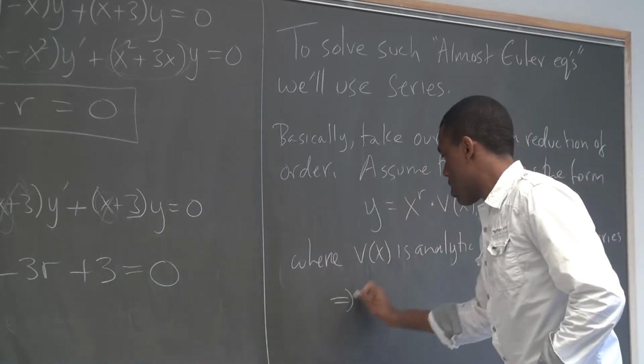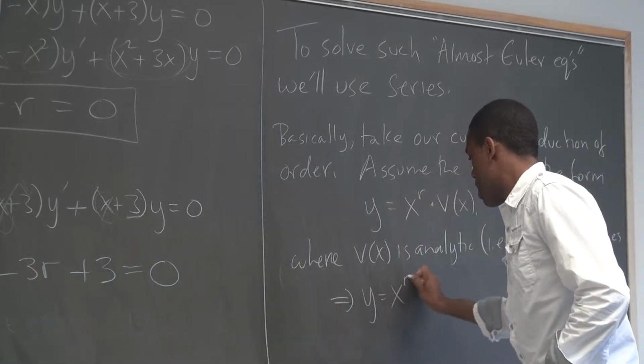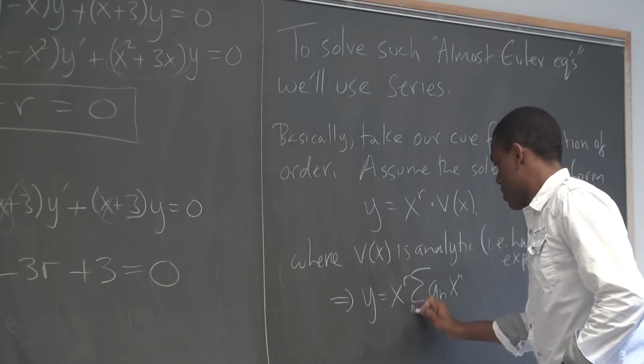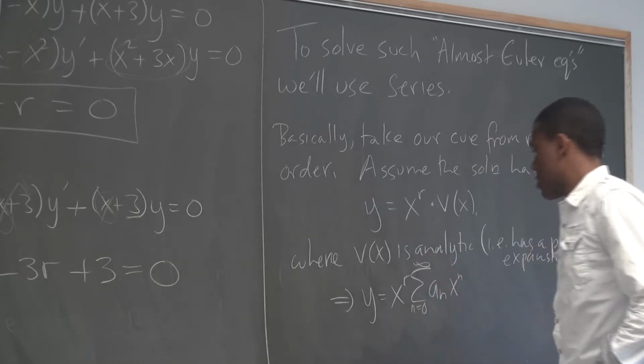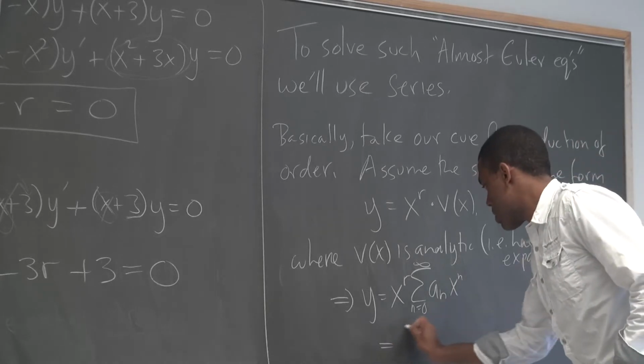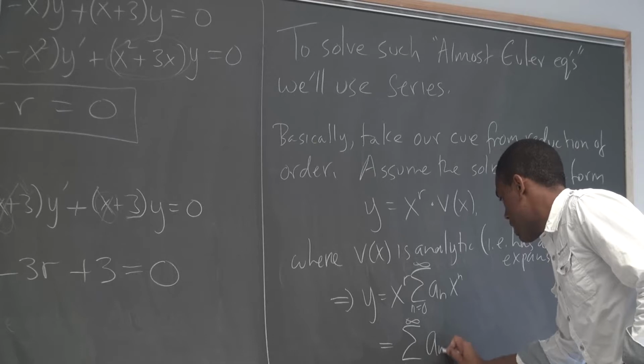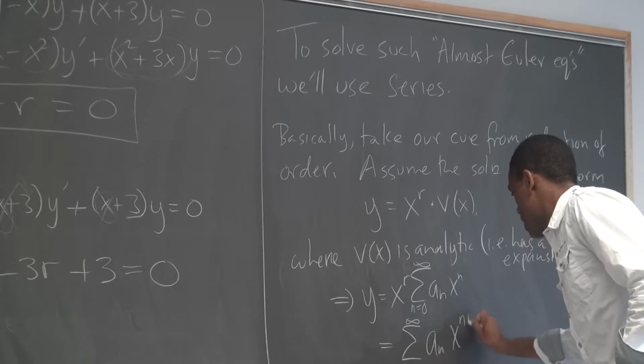So this means our y should be equal to x to the r times some power series, which we can write here as the sum from n equals 0 to infinity of a n x to the n plus r.